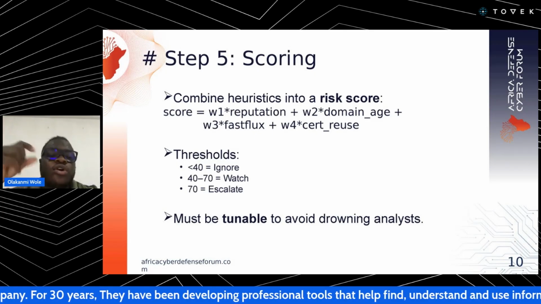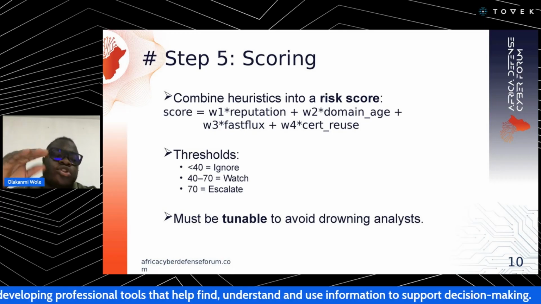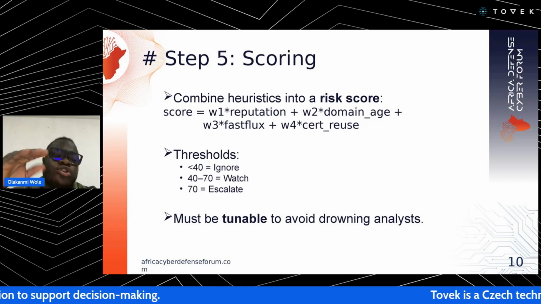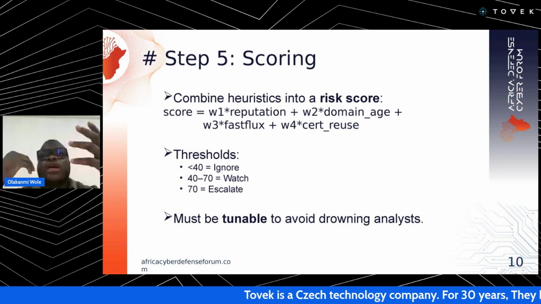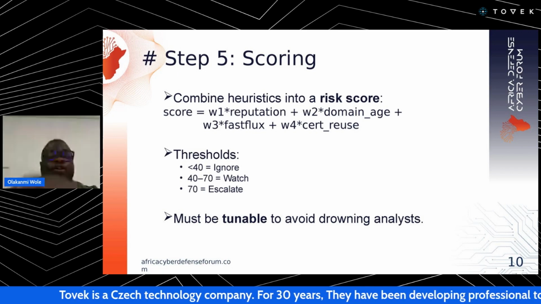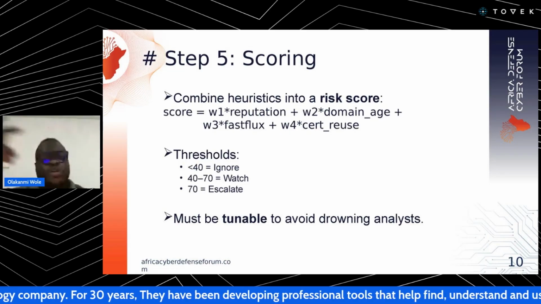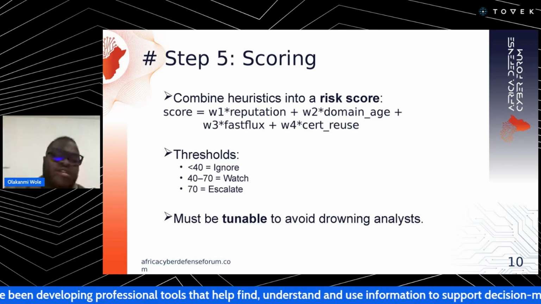And of course, all of these metrics that I've mentioned should be tunable, right? If you get it wrong, you would just drown your analyst in a lot of alerts, and these alerts for these infrastructures are false positives, and of course alert fatigue comes into play, right?